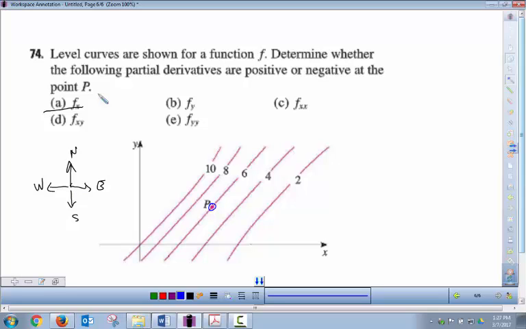So positive x is what? East. Positive x is east.